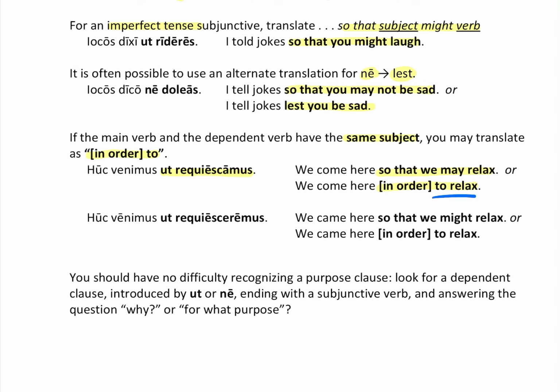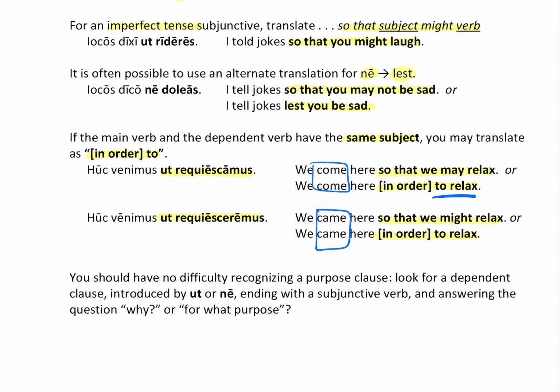We come here to relax. Another example would be huc venimus ut, again the positive, requiesceremus. We came here so that we might relax, or we came here in order to relax. Okay, so notice the only difference is come and came, present tense versus imperfect, something in the past.